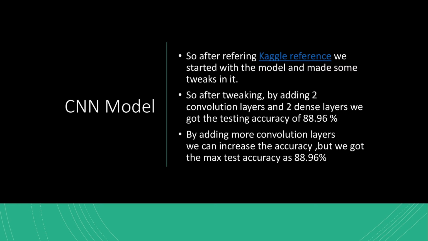The changes that they made were they added 2 convolution layers and 2 dense layers and achieved an accuracy of 88.96%. We could add more convolution layers to increase the accuracy, but we got the max test accuracy as 88.96.